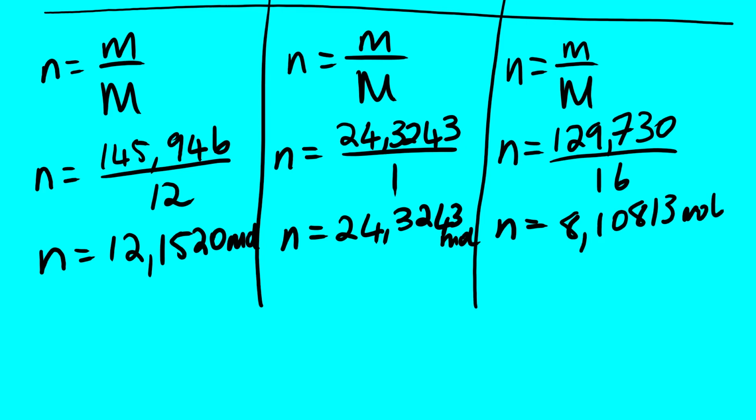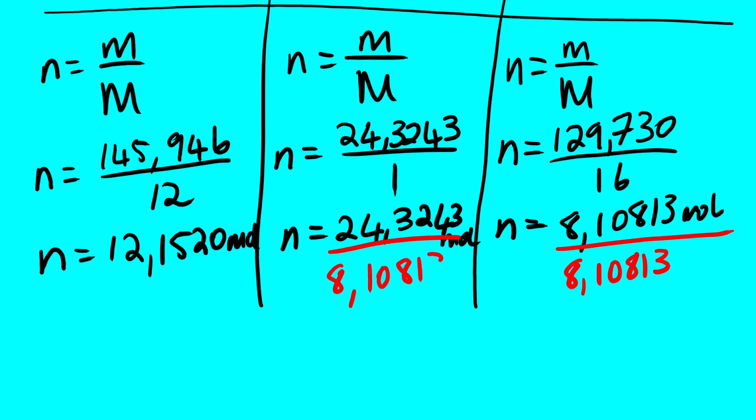Then comparing these, we can see that the smallest is 8.10813, so we divide each by 8.10813.